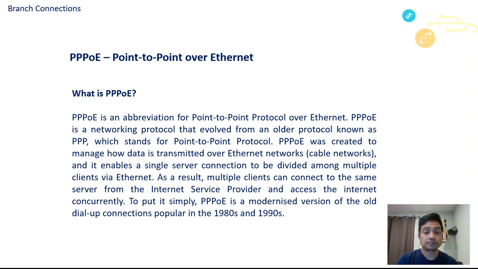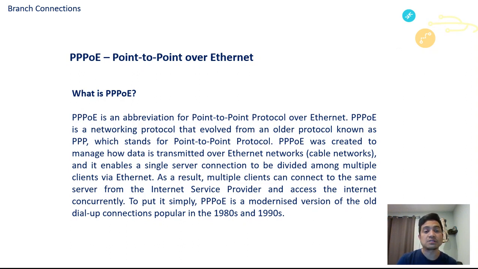So PPPoE is an abbreviation of point-to-point protocol over Ethernet. The PPPoE protocol evolved from an older protocol known as PPP, which stands for point-to-point protocol. PPPoE was created to manage how data is transmitted over Ethernet networks and cable networks.